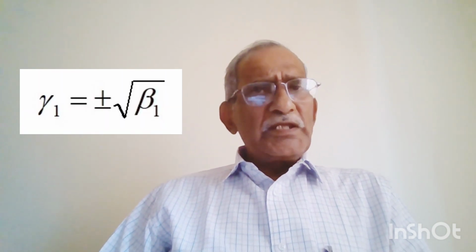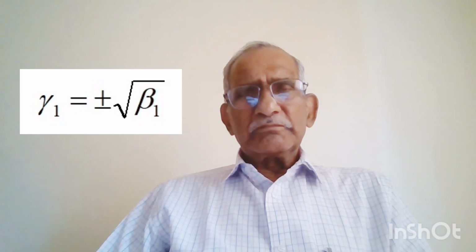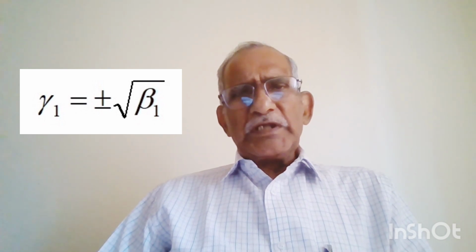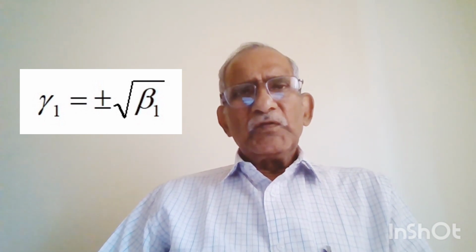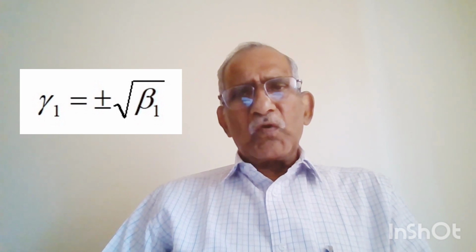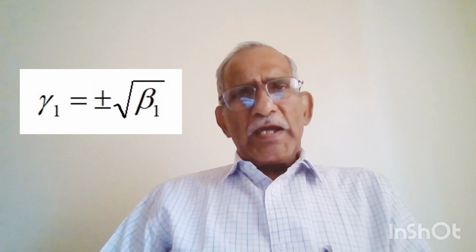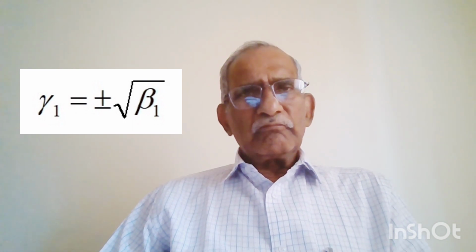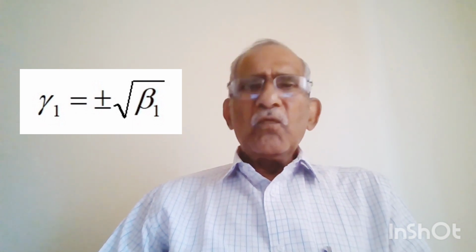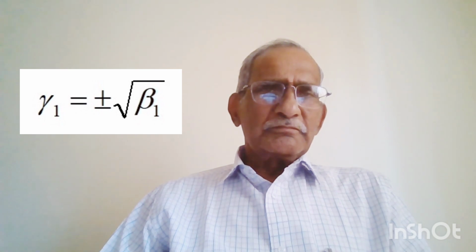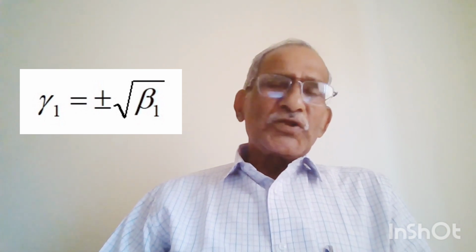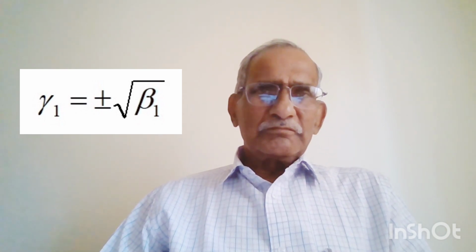Generally, as a measure of skewness, instead of beta 1, we use gamma 1 coefficient, which is the square root of beta 1. Why? What is the logic behind it?